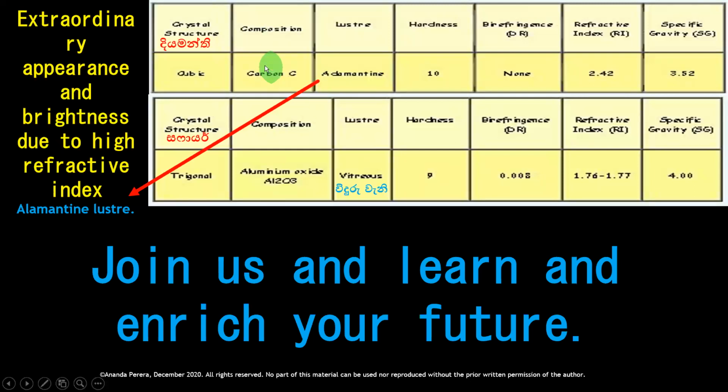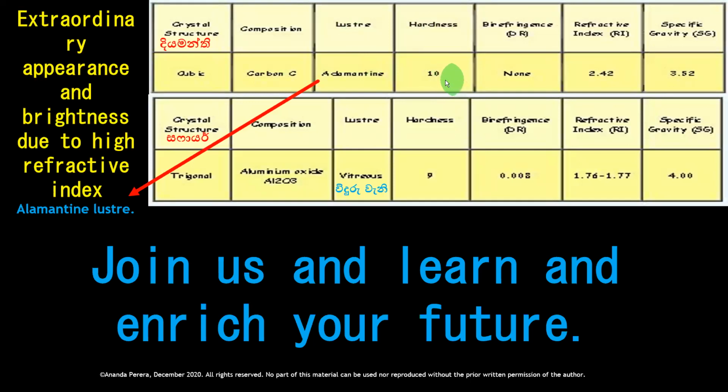Now look at this table. Extraordinary appearance and brightness due to high refractive index. Adamantine luster is the luster of the diamond. Crystal structure is cubic crystal. Composition is pure carbon. Luster is adamantine.